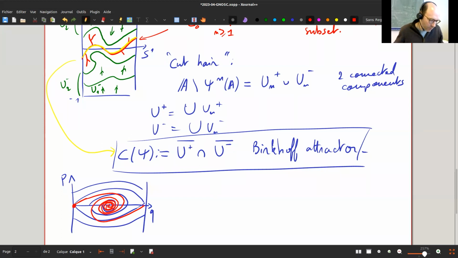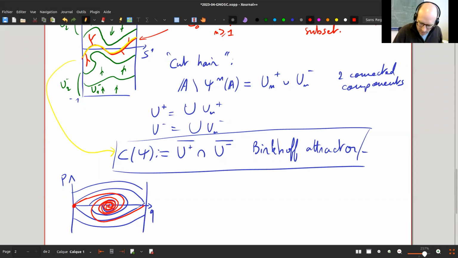Okay, and then it can also be very complicated. For example, in some cases, it's been proved that it is an indecomposable continuum. So indecomposable continuum means it's a connected compact subset which cannot be written as a union of two connected compact subsets which are non-trivial. And so it's hard to imagine what it is. For example, a curve is not like that. So in general, it can be very complicated.